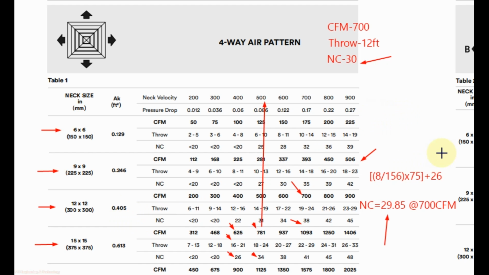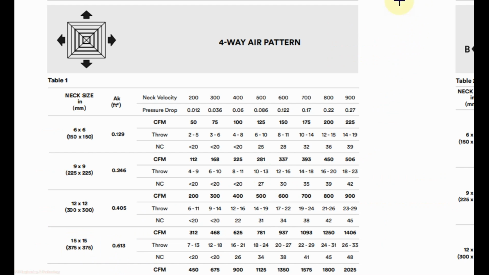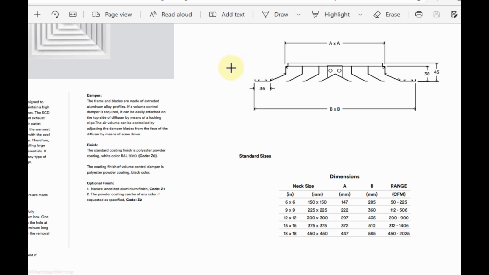Now we can select the size for our square ceiling diffuser of 15 by 15 inch or 375 by 375 millimeter. In this way you can select the square ceiling diffuser for any CFM. You need to calculate the throw, consider the NC level as per your requirement, and also the neck velocity.